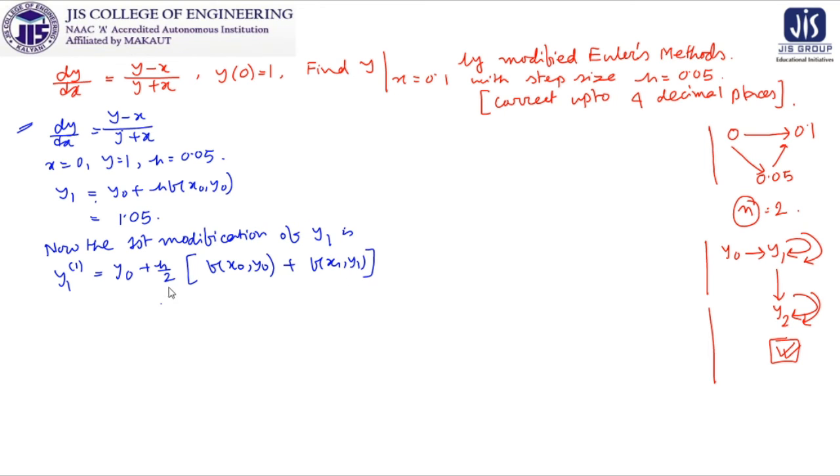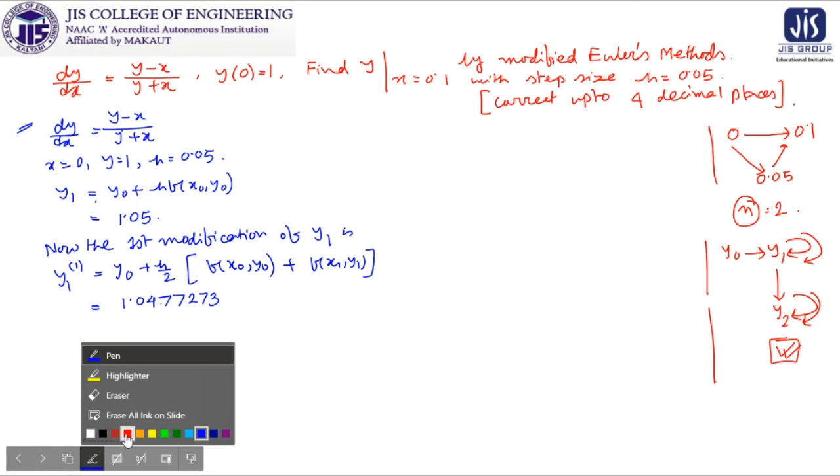Look at this, h is known, y0 is known, f is known, y1 is also known. So using these values over here and simplifying, we will get it as 1.0477273.